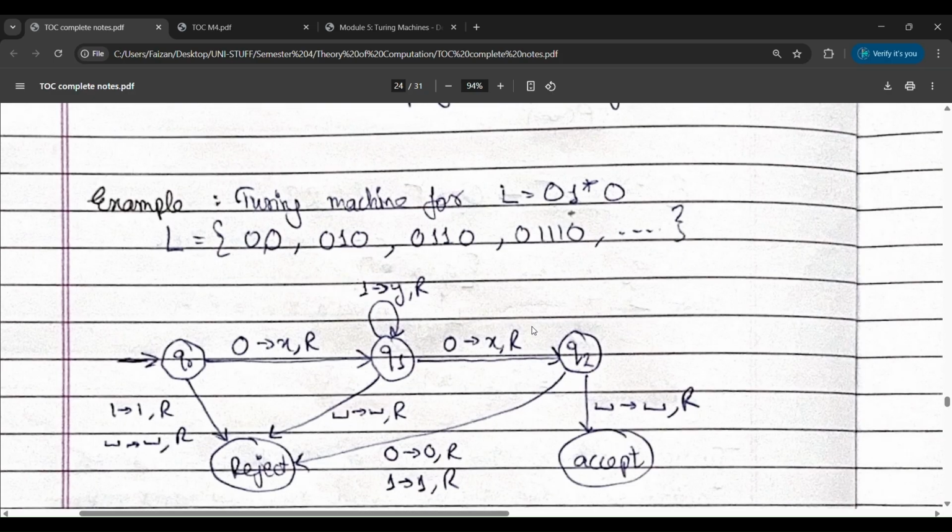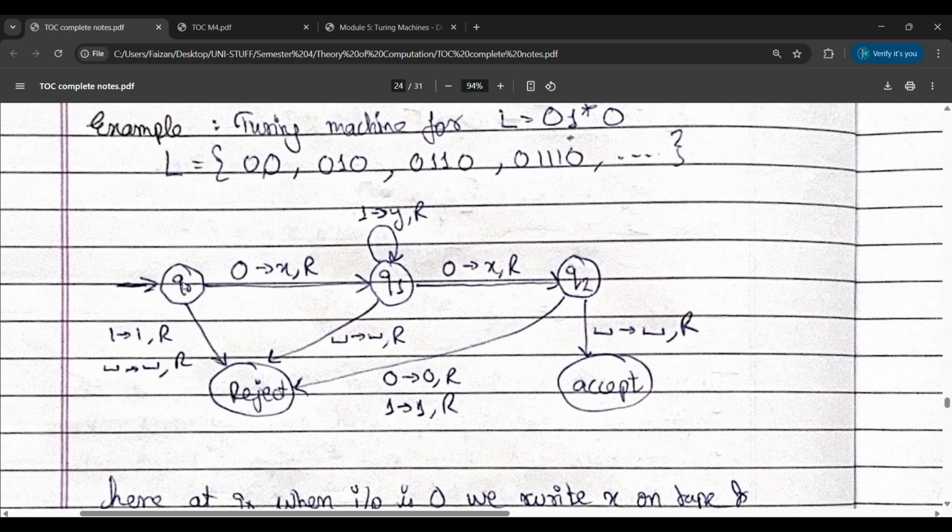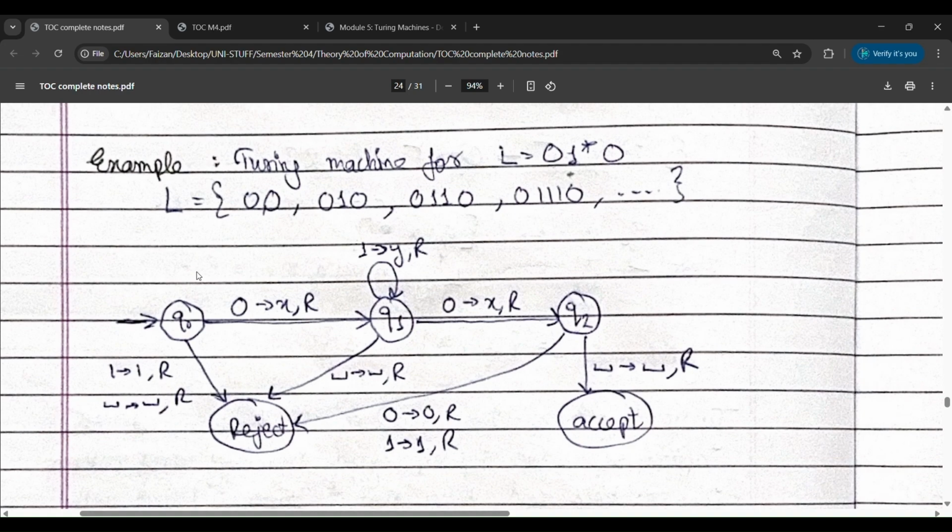So for this, when you're making a Turing machine, you start at Q0, just like you do in all other automatons. When you encounter 0 as the input symbol, you transition to Q1 and you have the X. You replace 0 with X and you move one step to the right on the tape.